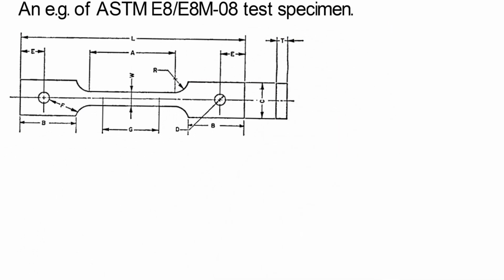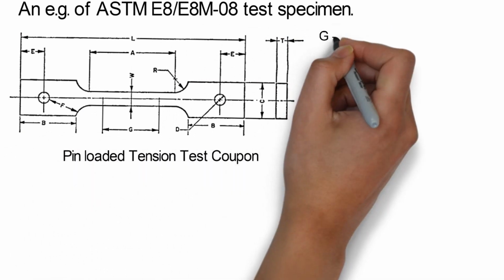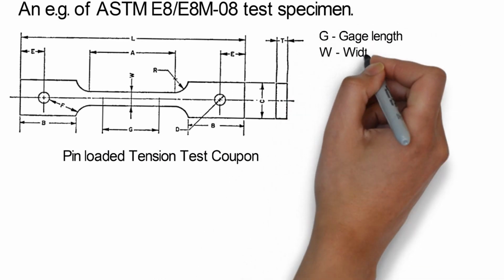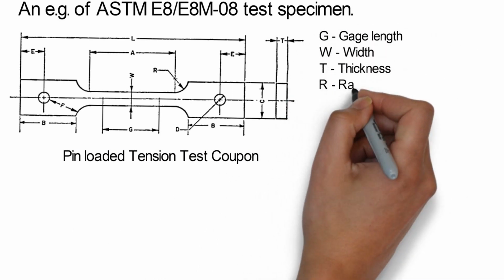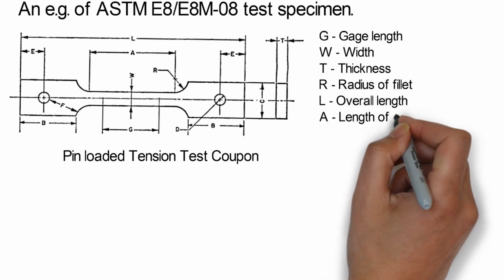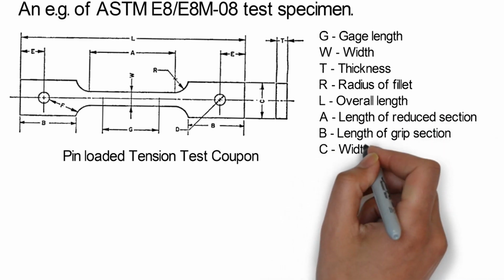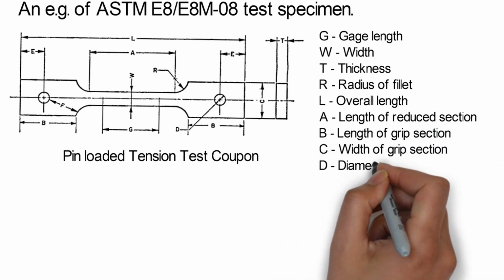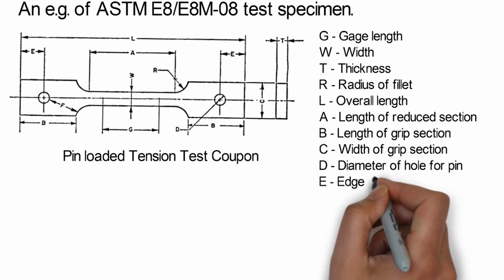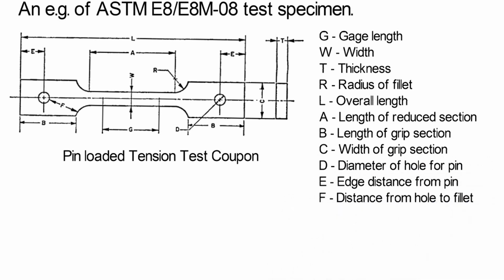This is an image of a pin-loaded tension test coupon. In this image, G is gauge length, W width, T thickness, R radius of fillet, L overall length, A length of reduced section, B length of grip section, C width of grip section, D diameter of hole for pin, E edge distance from pin, F distance from hole to fillet.